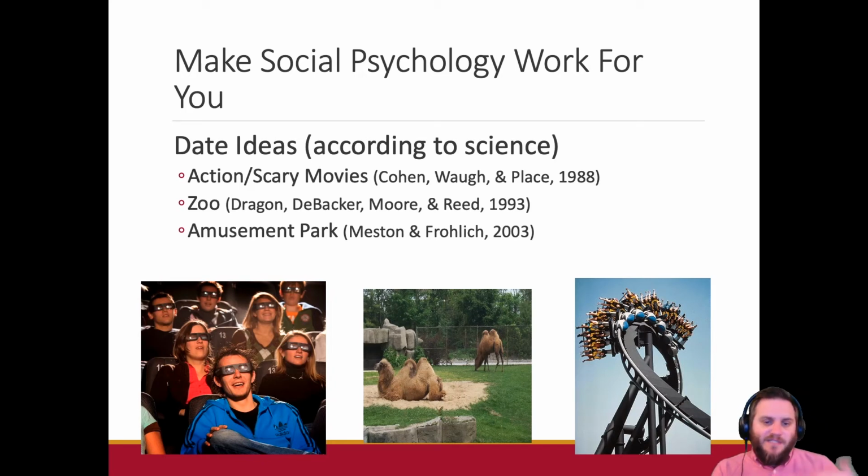And what they found was that people rated that person as more attractive and more desirable after getting off than just before getting on that ride. Okay, so date ideas. Your helpful matchmaker, Dr. Swan. That's me. I'm wearing red just for the occasion.